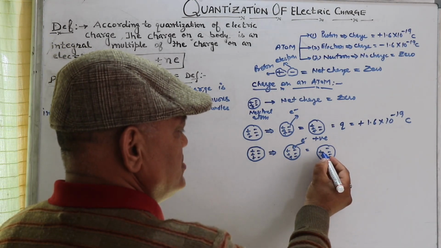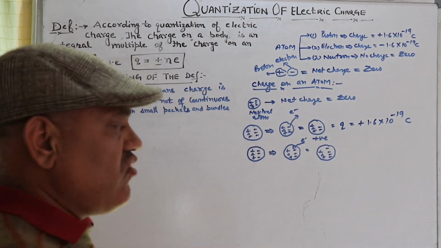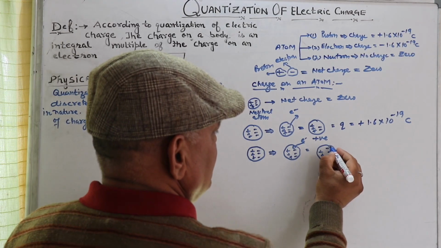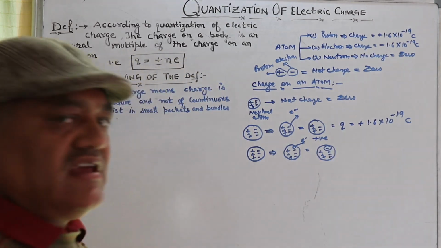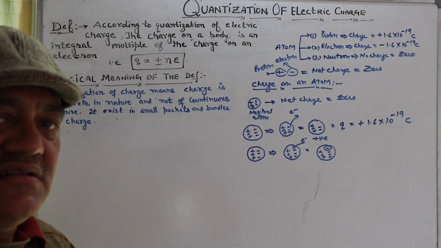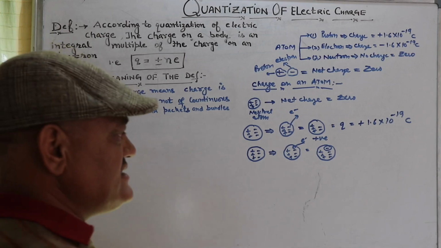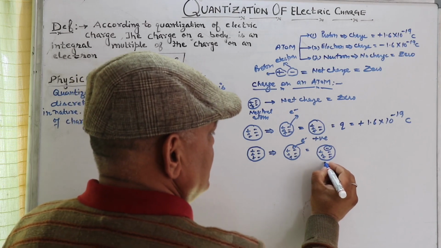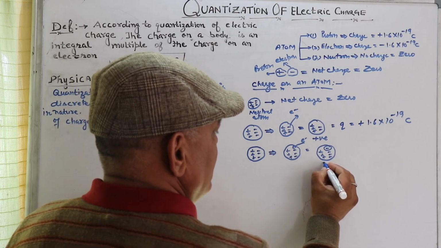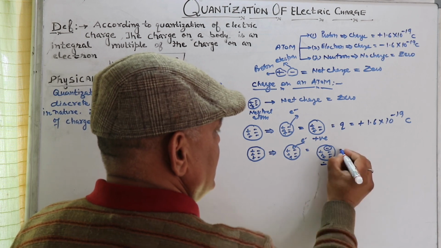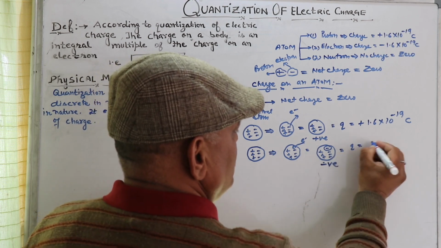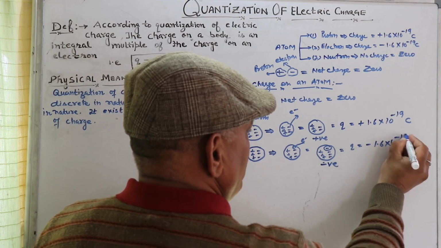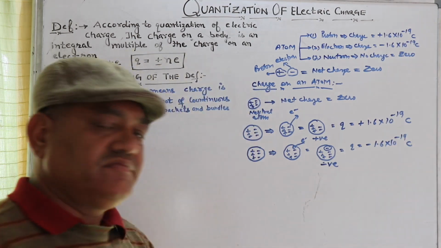These 3 protons neutralize the effect of these 3 electrons, but in this case we have an extra electron which cannot be neutralized, and due to this single electron, this atom acquires the negative charge, Q equal to minus 1.6 into 10 raised to power minus 19 coulomb.